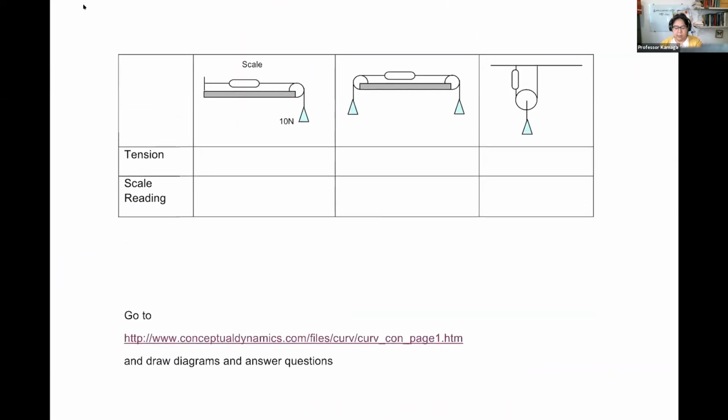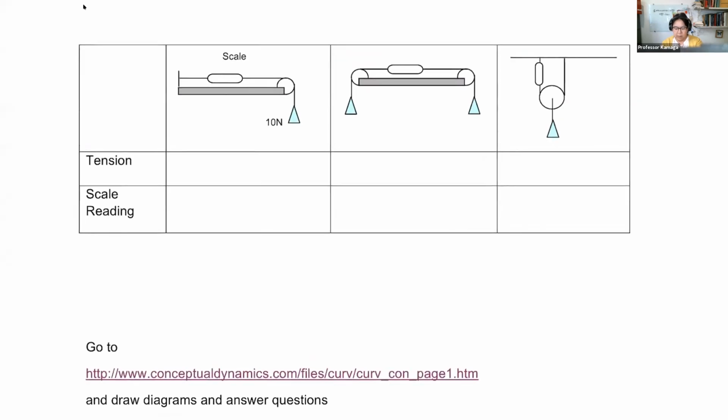So let's do this diagram. Is this first one a fixed pulley or movable pulley? That's a fixed pulley. Then what we have is a 10 Newton down.